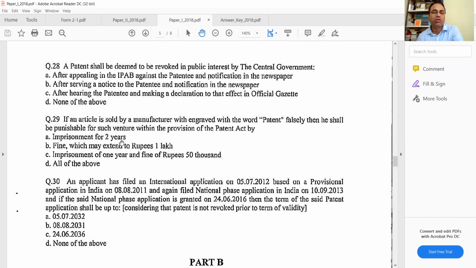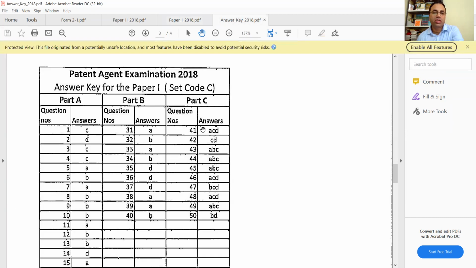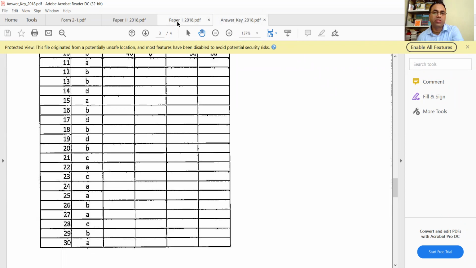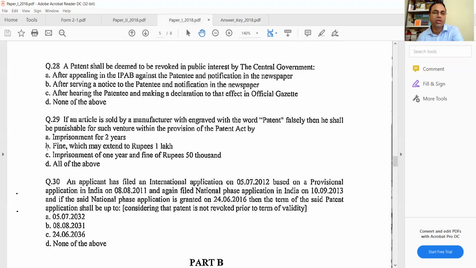Okay, so I don't know which is the correct answer. I just go here, section questionnaire 29, answer is B. So the correct answer is B, fine which may extend to ₹1 lakh.